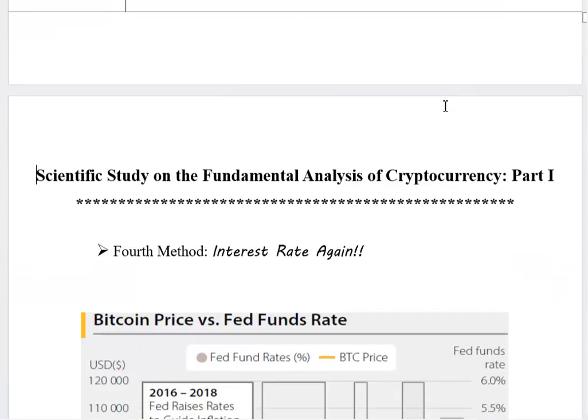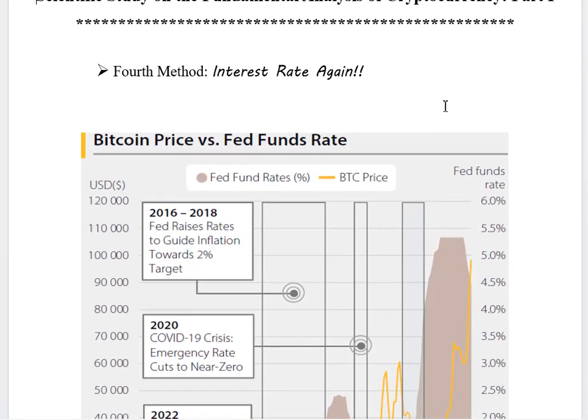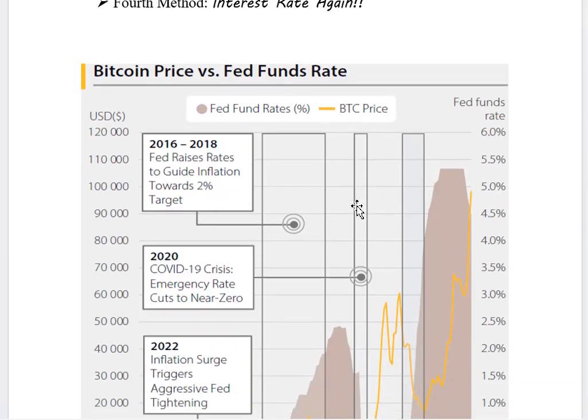Okay, the next method. Essentially, in fundamental analysis of all assets, from stocks to gold, interest rates are of great importance.